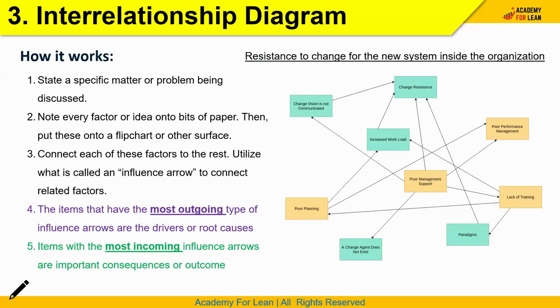After connecting, we have to find the most outgoing and then the most incoming. As per this example, the most outgoing one was poor management.